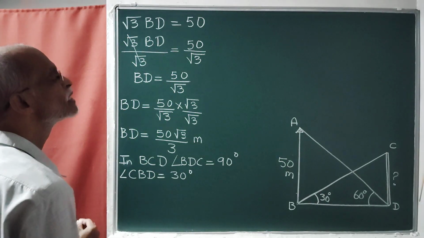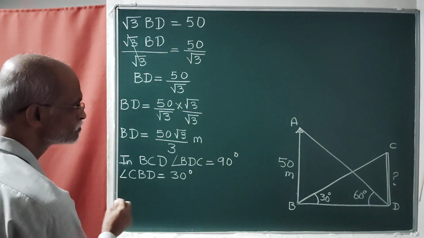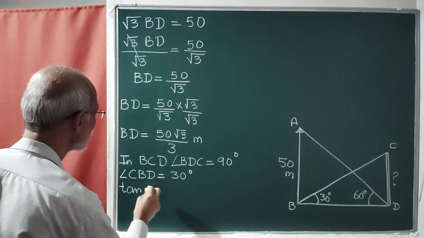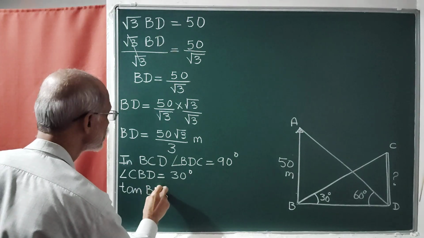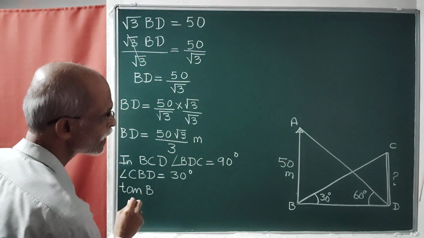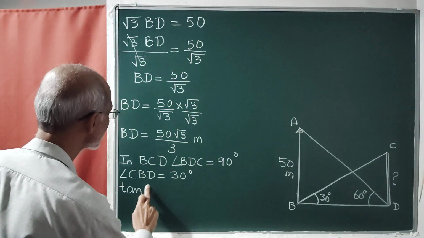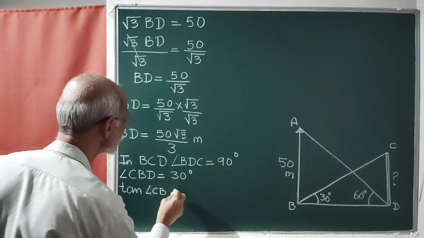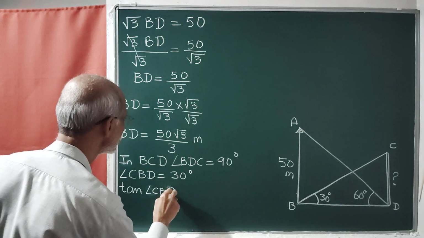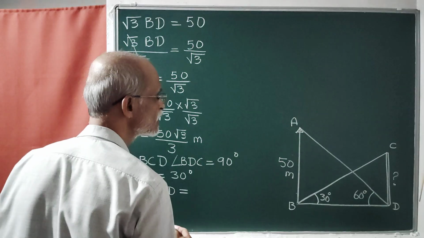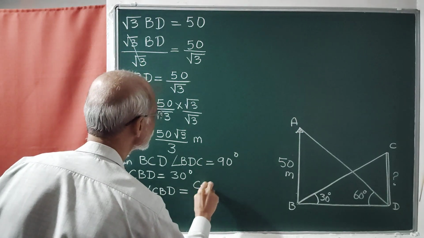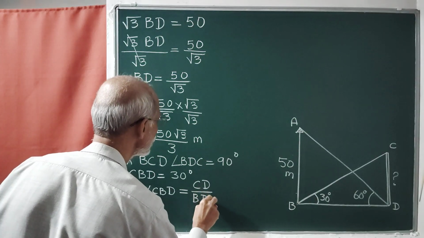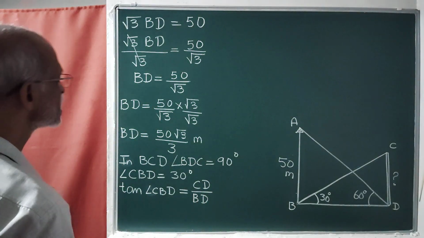Okay, now tan of angle CBD is equal to CD by BD. So it is tan 30.